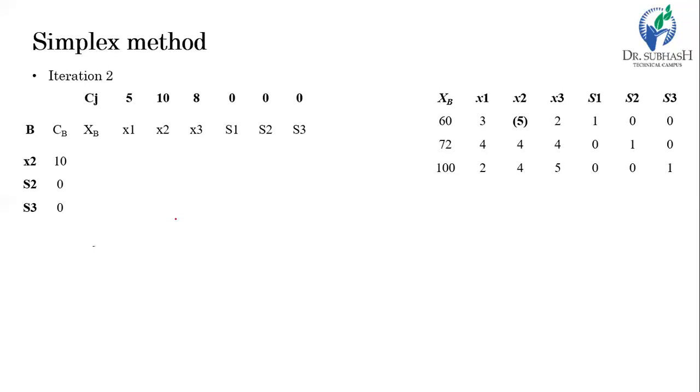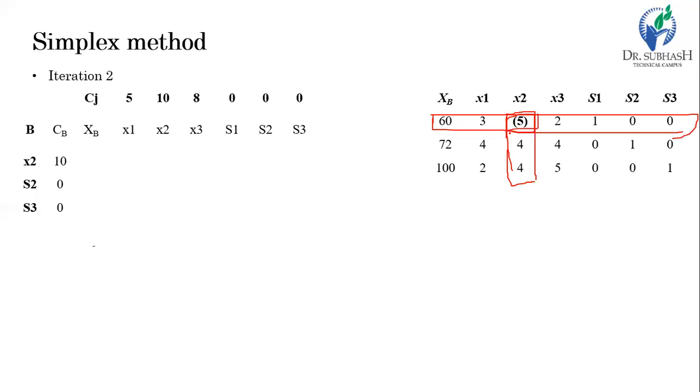All of these elements will change, but we will start with the key column. In the previous table, if you remember, the X2 column is the key column, the S1 row is the key row, and 5 is the key element.